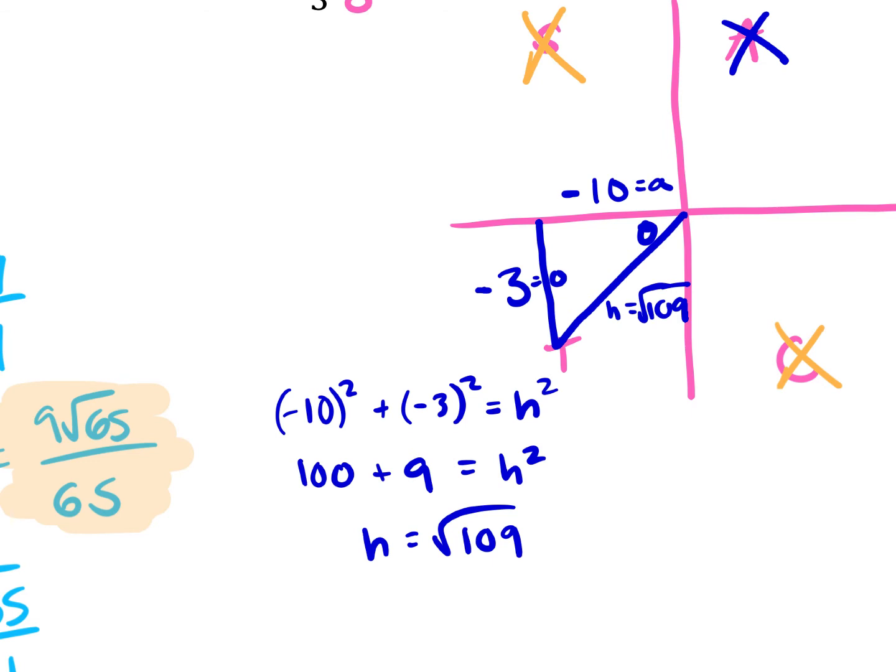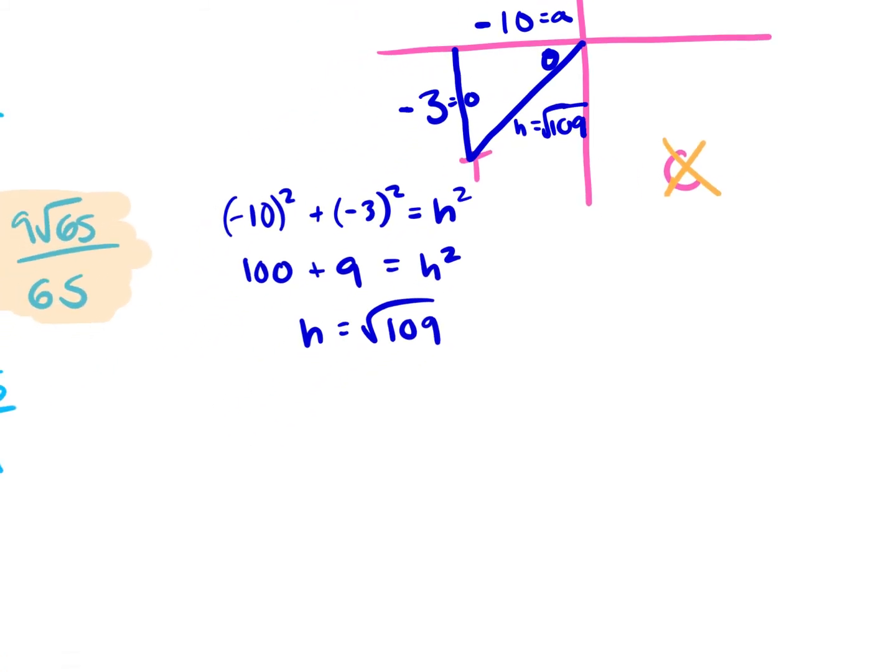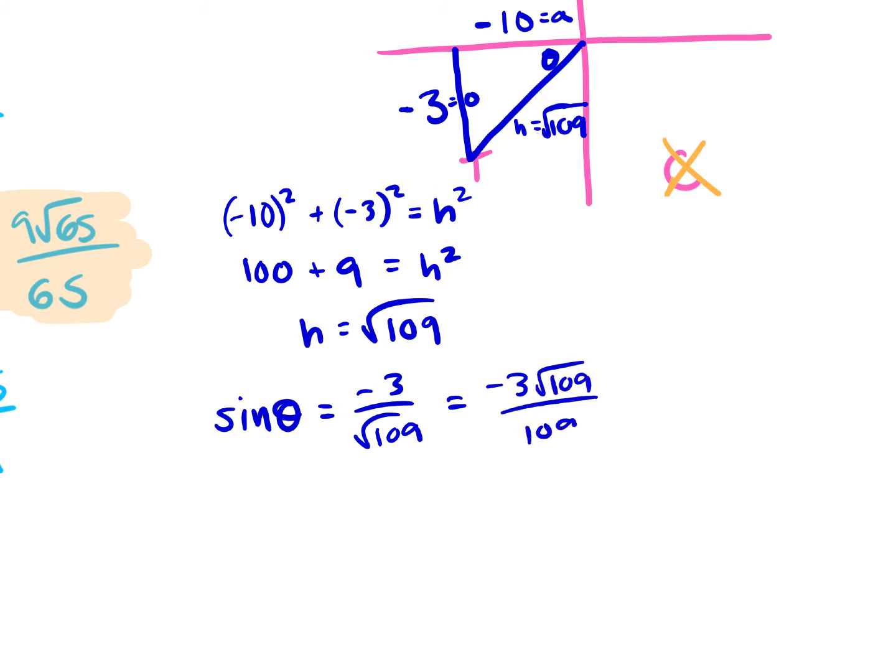Do we have any factors of 109? Nope. So we just leave it like that. So now let's find our remaining trig functions. So what would sine of theta be? Opposite over hypotenuse. So negative 3 over square root 109. We have to rationalize, so negative 3 times square root 109 over 109.